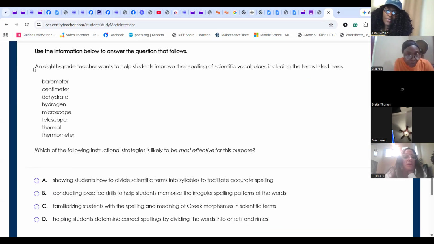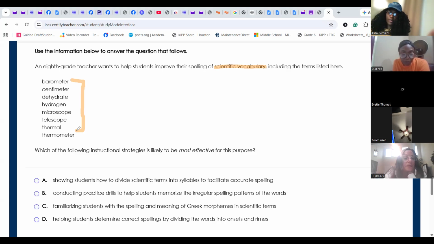An eighth grade teacher wants to help students improve their spelling of scientific vocabulary. So all of these words are scientific vocabulary: barometer, centimeter, dehydrate, hydrogen, microscope, telescope, things like that. Also notice these are words that can be broken down with prefix, suffix, things of that nature, right? Are they divided? No, they're not divided.